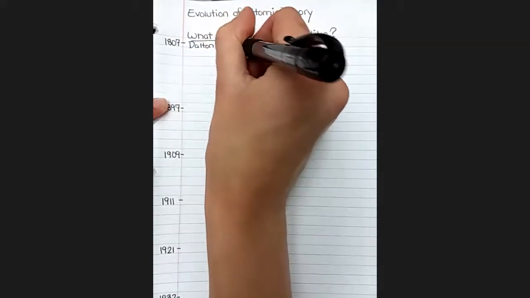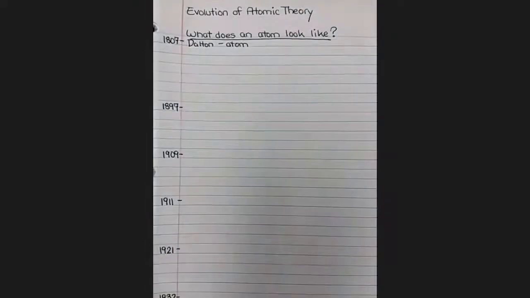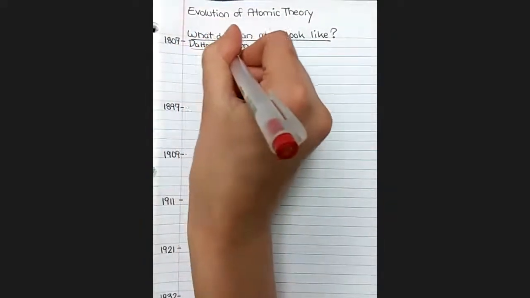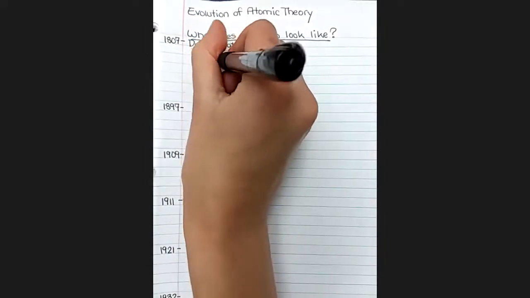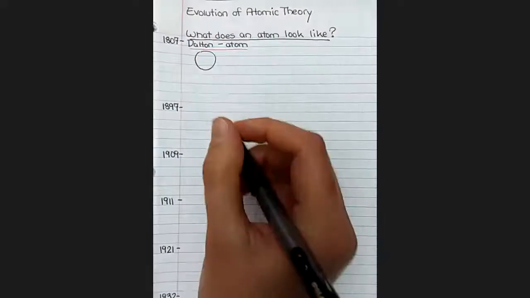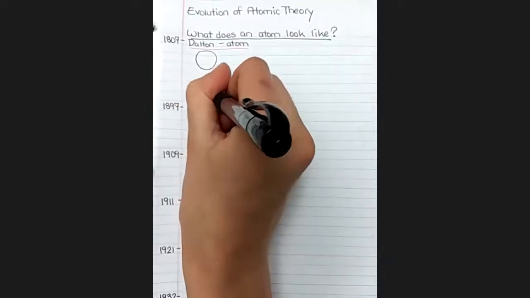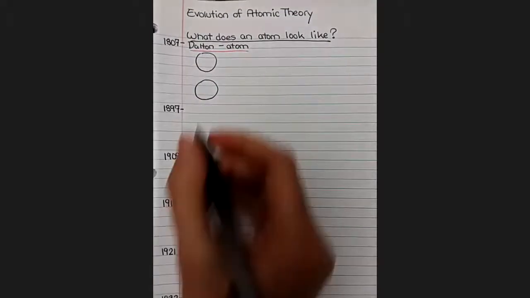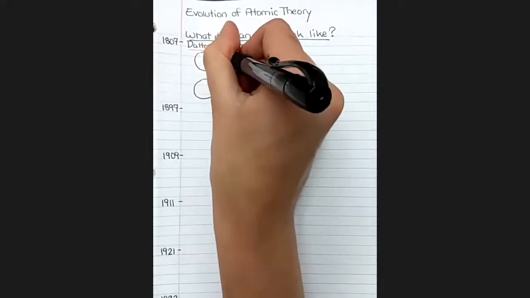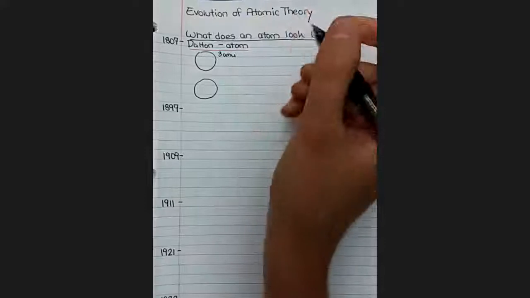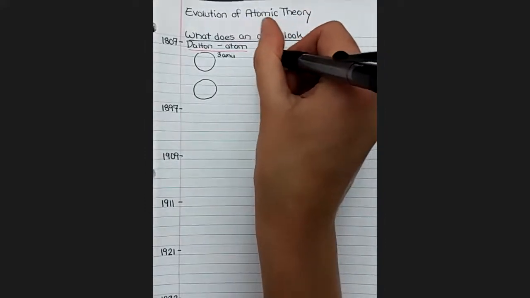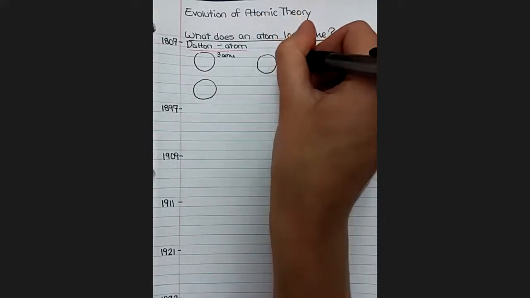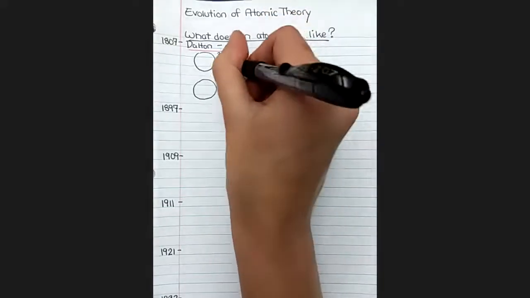Dalton was the first widely accepted person to comment on what an atom looked like with his atomic theory. And Dalton said an atom was a small, indivisible particle, and you could identify what element that atom was by how much its mass was. So if you had two atoms and they had the same mass, we'll talk about these later.